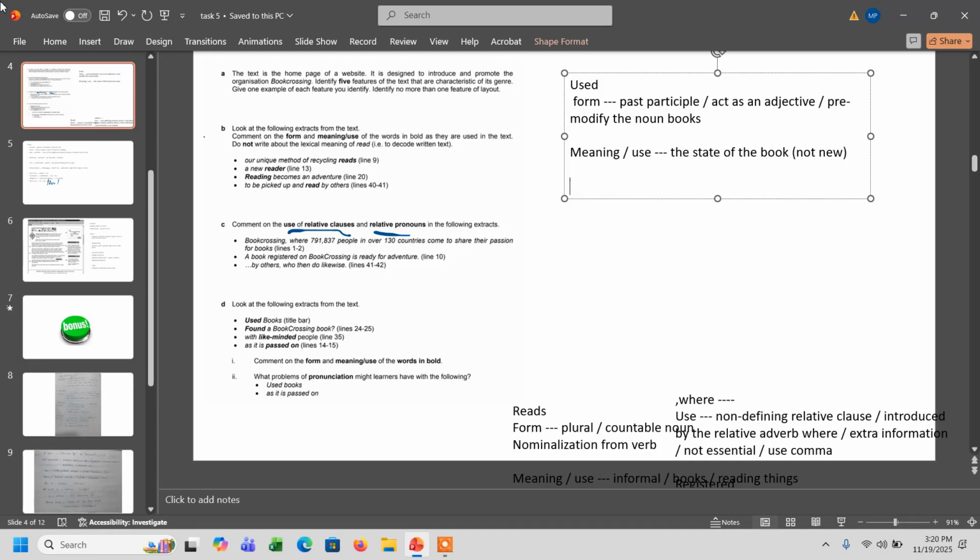How about another one? Found, the form of found. Found is also a past participle, right? It's a reduced question, like found a book, so a reduced question of, have you found a Book Crossing book, right?